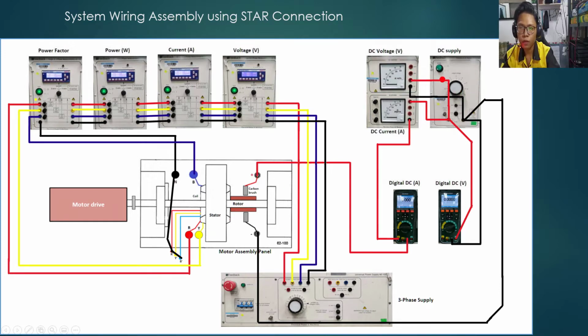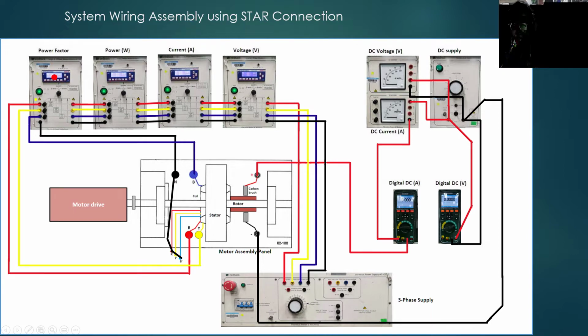First of all, we have the variable DC power supply and the variable AC 3-phase supply. We have two digital multimeters for the current and the voltage, an analog voltmeter and an analog ammeter, and four digital power meters for the voltage (voltmeter), current (ammeter), power (wattmeter), and the power factor meter.